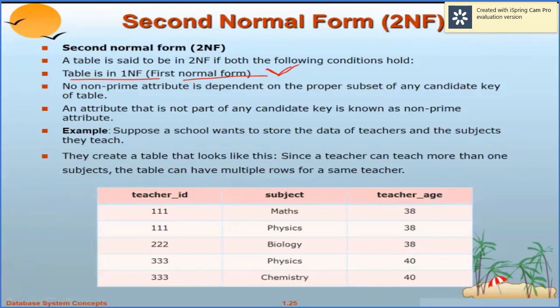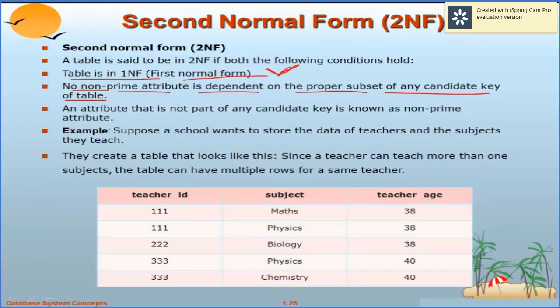There should not be any non-atomic values. That means multiple entries should not be present. If that condition is satisfied, now you can proceed and check for second normal form. So what does the second normal form say? No non-prime attribute is dependent on a proper subset of any candidate key of the table.